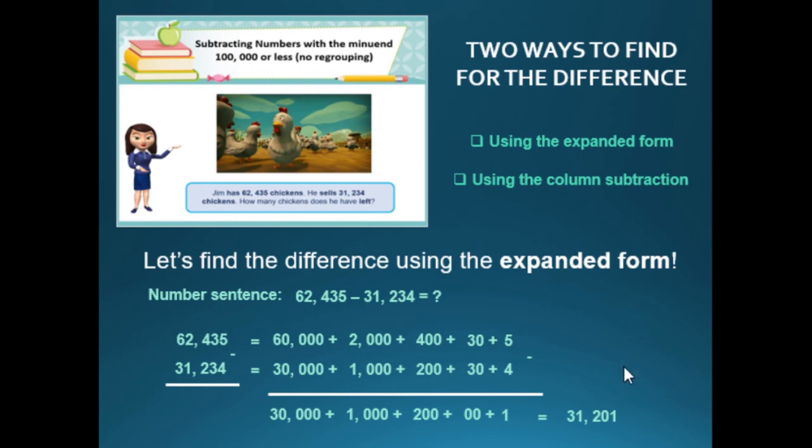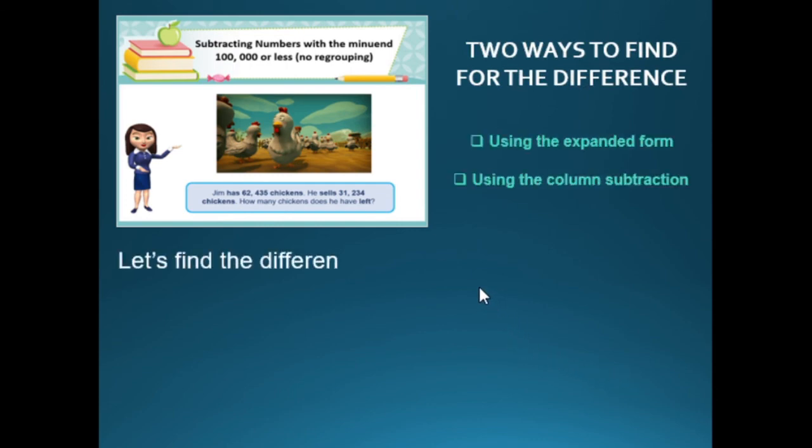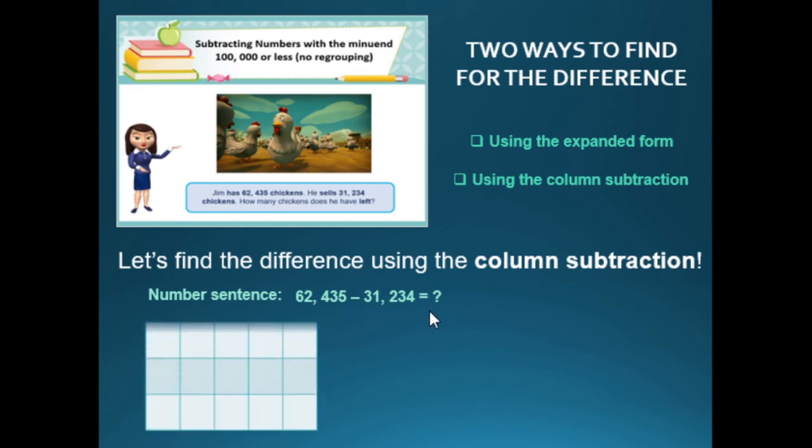Okay, now let's go to finding the difference using column subtraction. Number sentence is still 62,435 minus 31,234. And let's make a column.